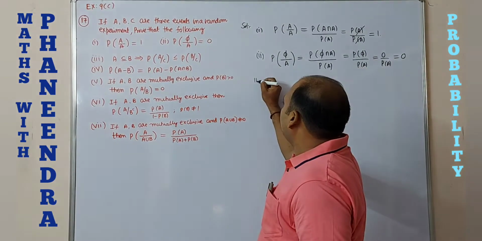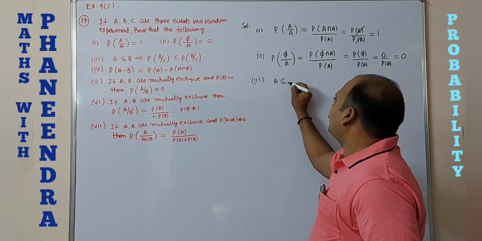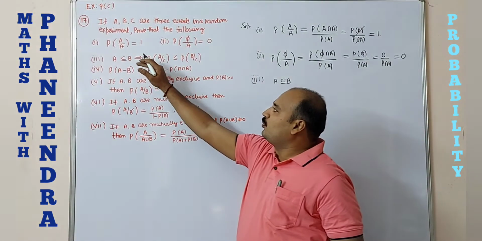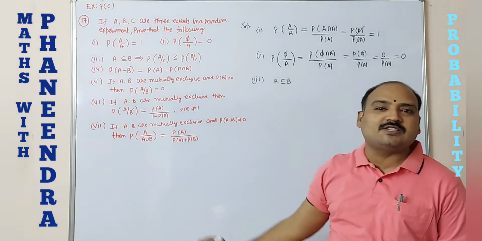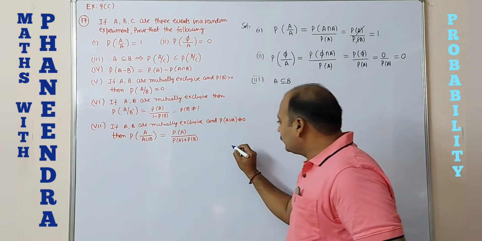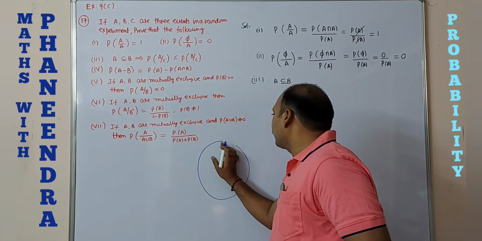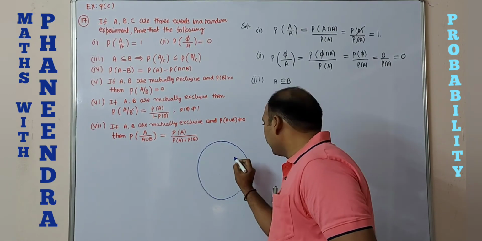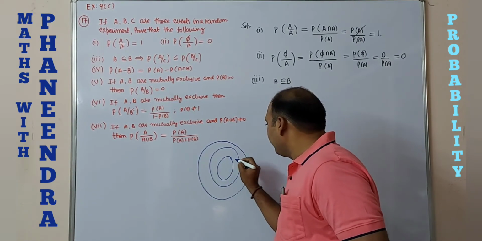Come to the third one. A is a subset of B, and this implies that we have to prove P of A given C is less than or equal to P of B given C. If you draw a small figure, you will get an idea. I am writing generally.